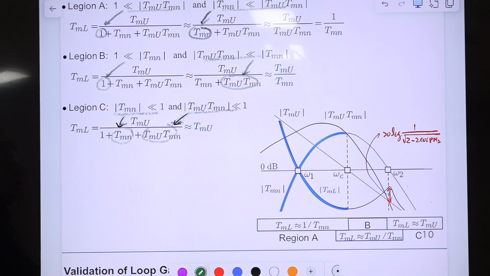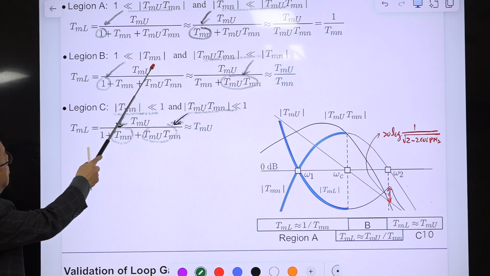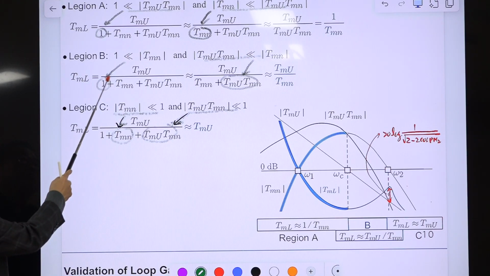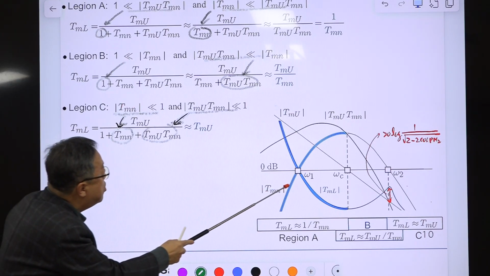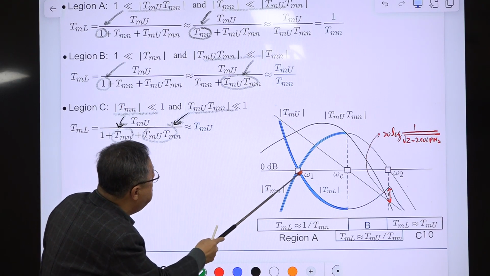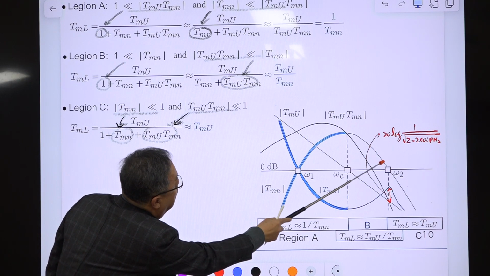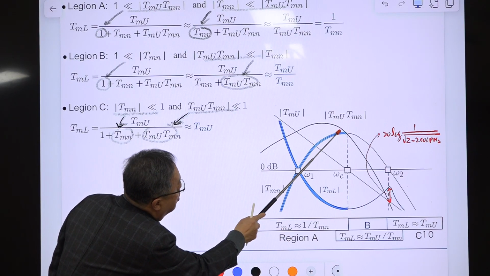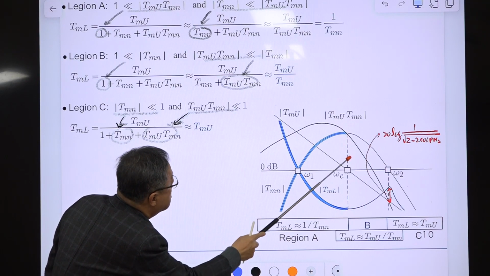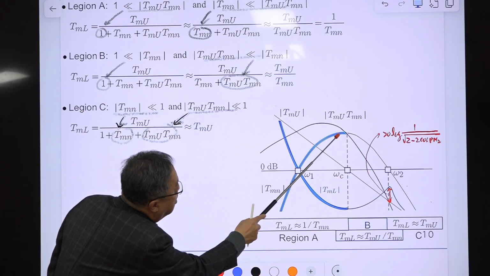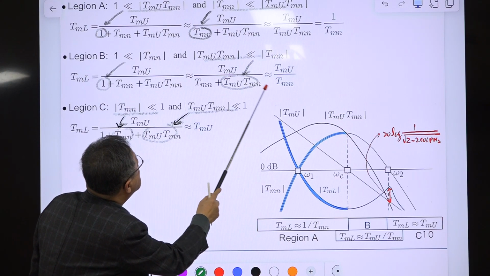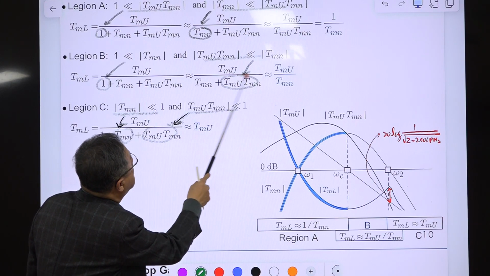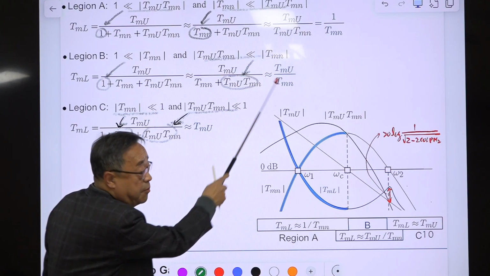Okay? And in this frequency range, you have TMN much, much larger than unity. Then you kill this. And in this frequency range, TMN is larger than this one. This one is decaying fast because this part is decaying fast. Then you ignore this, so this is TMU divided by TMN.